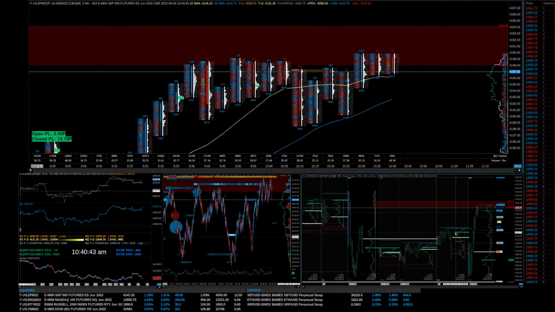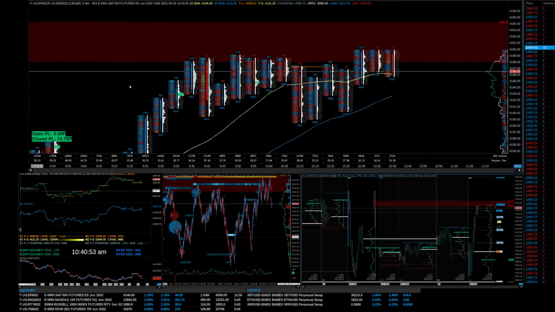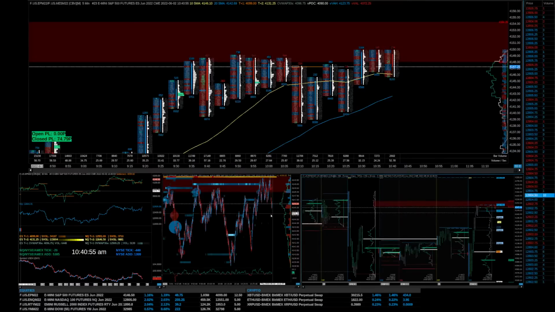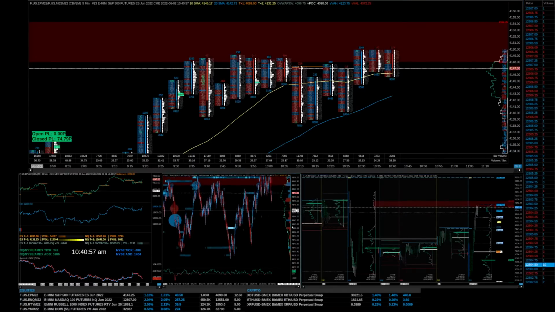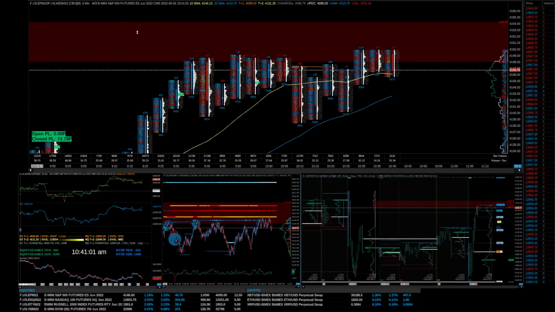Oh boy, big sweep here on the mini. Well, not big, but big enough. There are some sellers that have been found up here again, right? Look at that. Some liquidity up there.